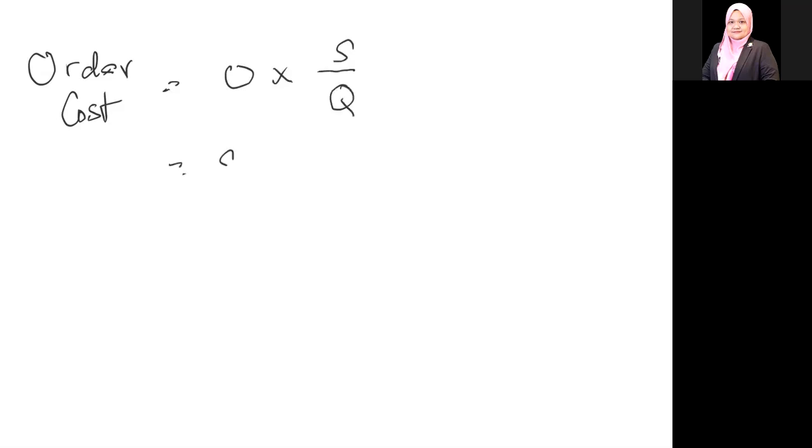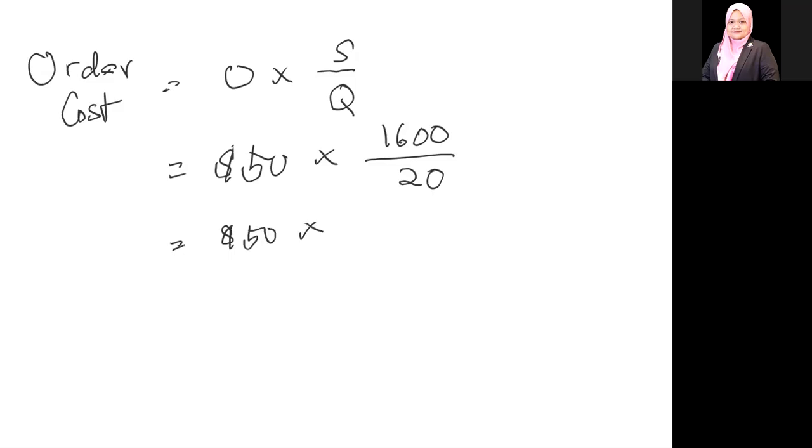So it is $50 times 1,600 divided by 20. So it is $50 times 80. So the answer is equal to $4,000. So it's the ordering cost.